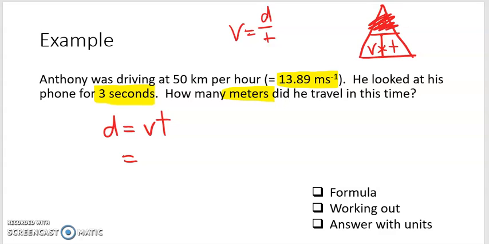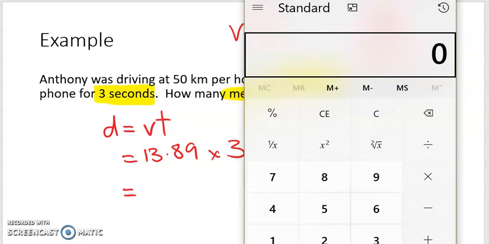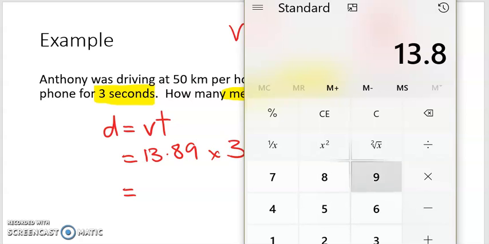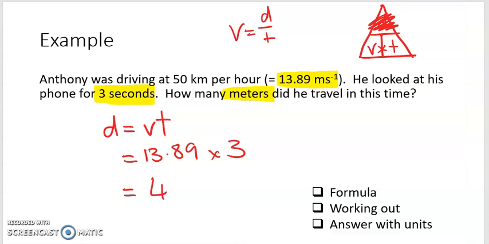And we simply substitute in our values. So velocity was 13.89, going to multiply that by time, which is 3 seconds. We get out our calculator. 13.89 times 3 equals 41.67.